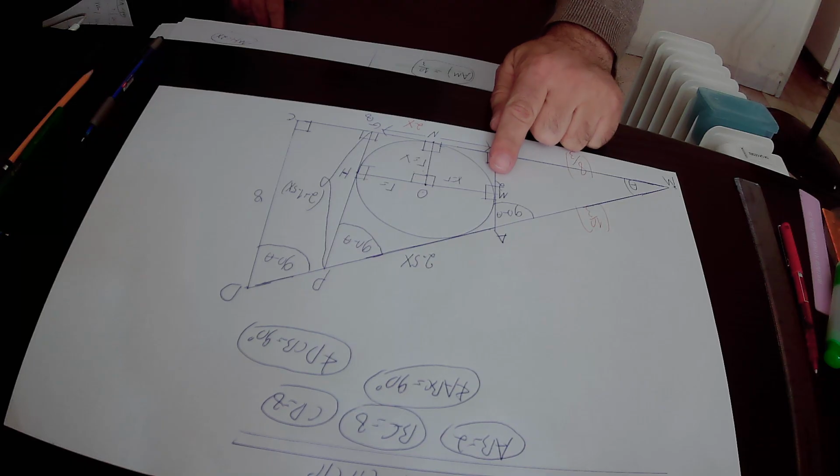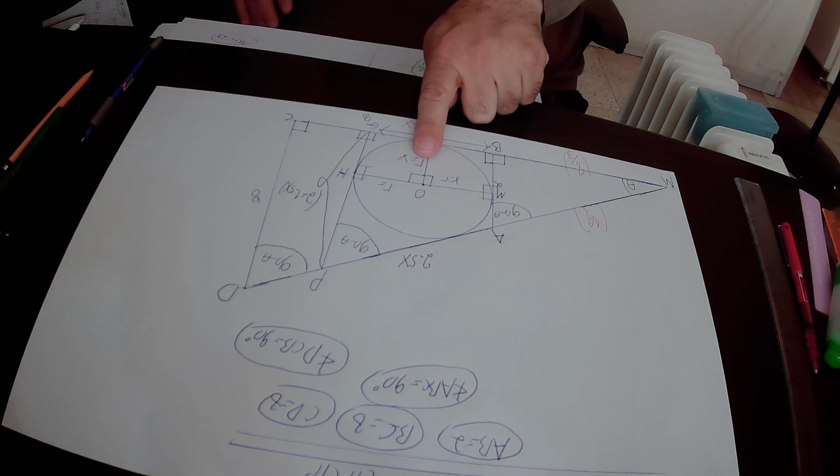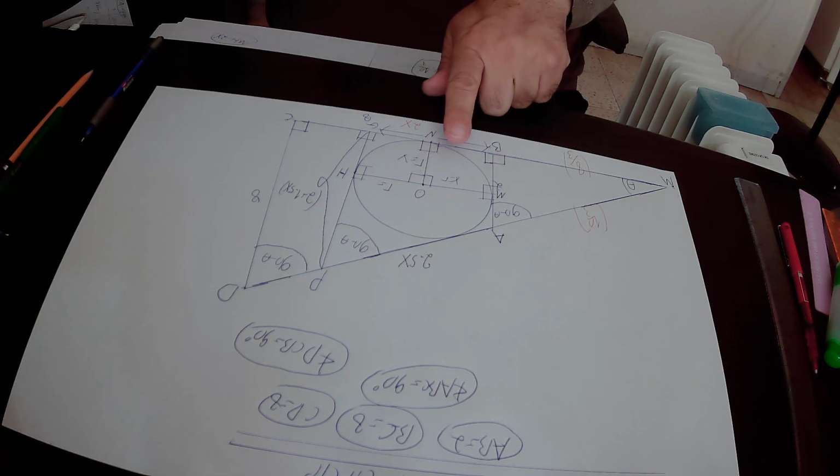And here, line segment MH is a straight line. Why? Because this angle, angle OM, equals 180 degrees. Any angle that is equal to 180 degrees is a straight line. Therefore, line segment MH must be a straight line.